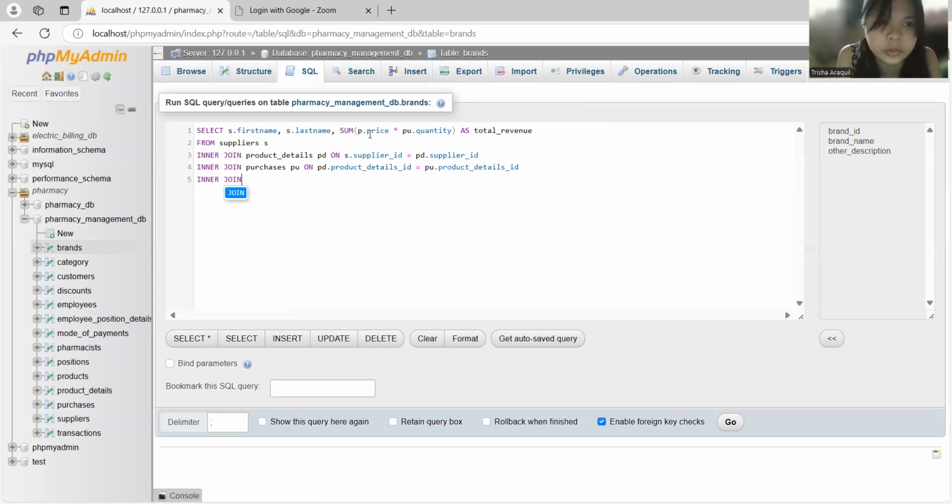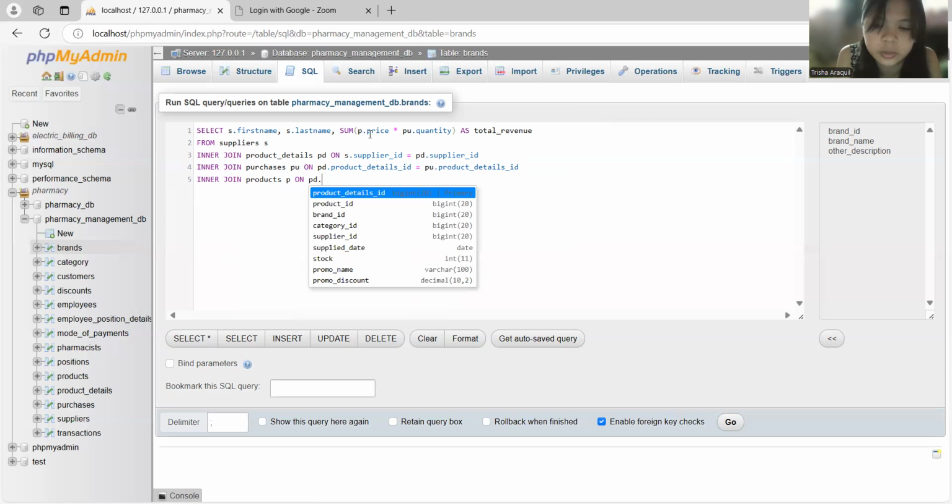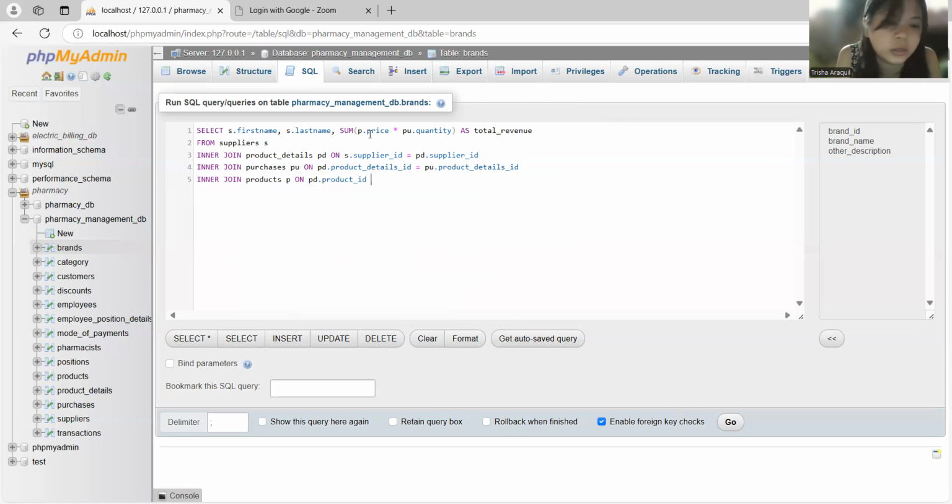Inner join the products P on pd.product ID equals the foreign key product ID.